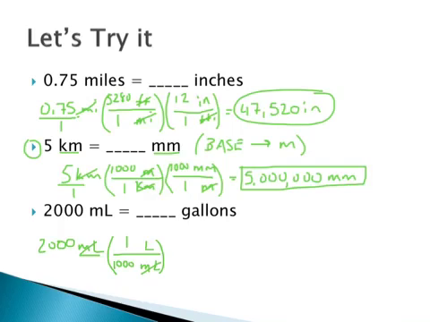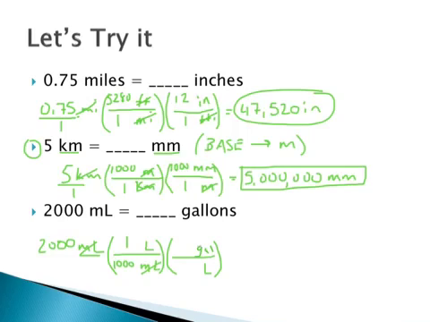And now using that chart from the US to metric, I know that 1 gallon is equal to 3.78 liters. Liters, since it's in the numerator up here, needs to cancel out by putting it in the denominator, and I'm going to go from liters here to gallons.